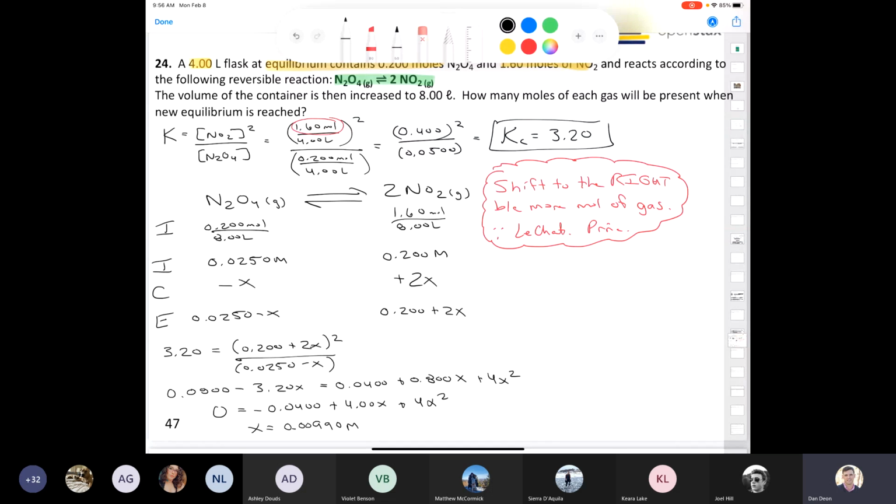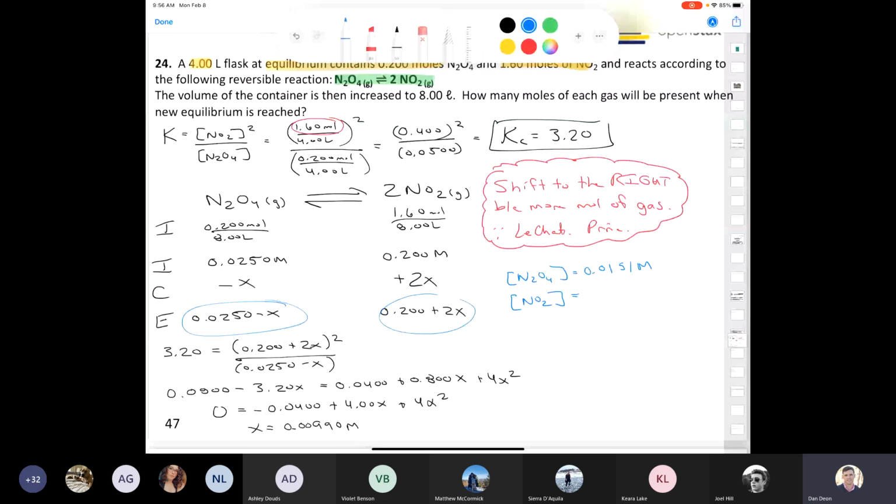So now if I want the concentrations at equilibrium, all I have to do is plug x into both of these, and I get that the concentration of N2O4 is equal to 0.0151 molar, and the concentration of NO2, right?